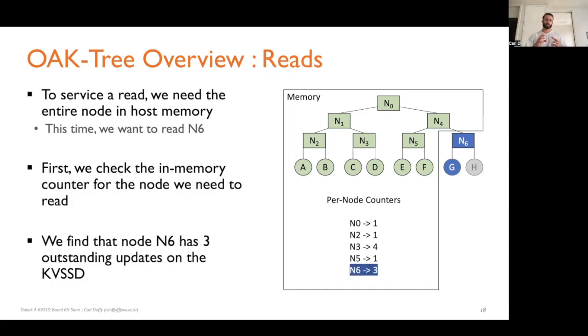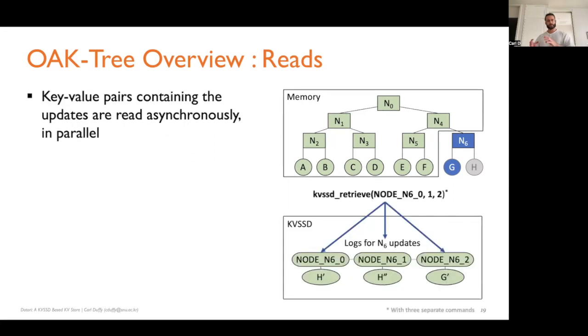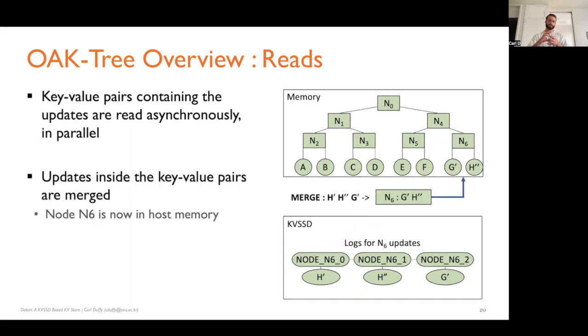Next, when we actually need to service a read from N6, we need the index node in memory. First, we check the in-memory counter for N6, and we see we have 3 updates outstanding on the key value SSD. Now, because we already know how the keys are formed, what we can do is just read all of these updates asynchronously in parallel, collect them, and then merge them in memory to create the index node N6.